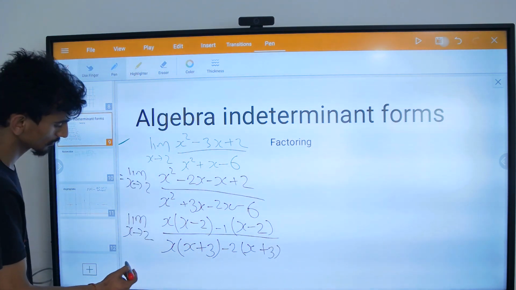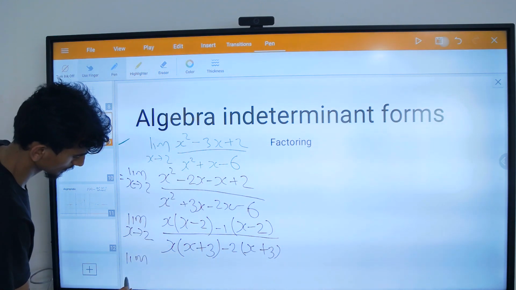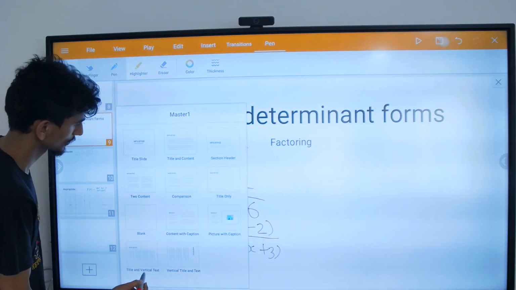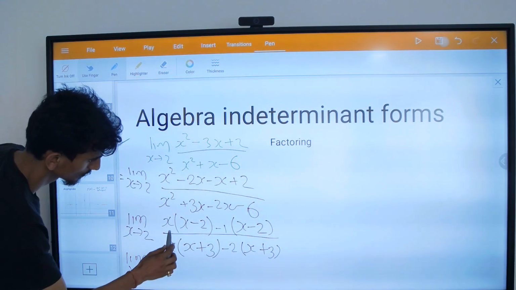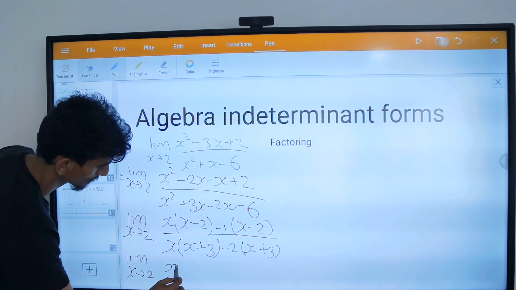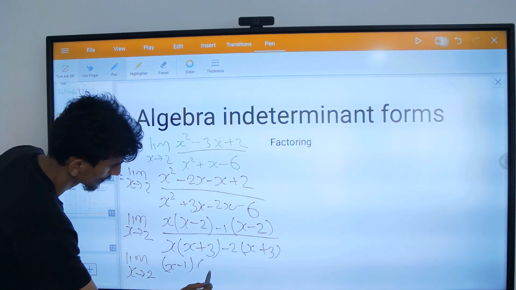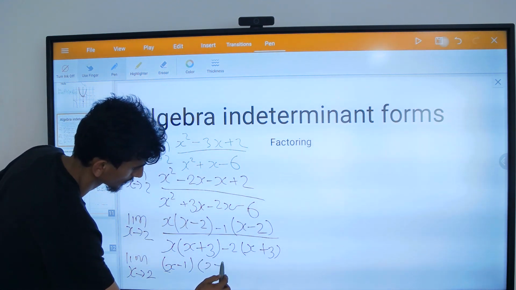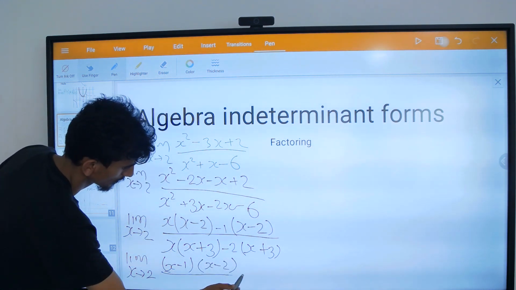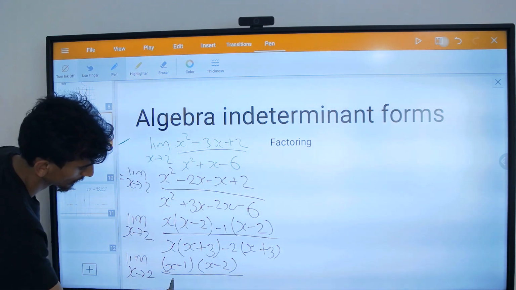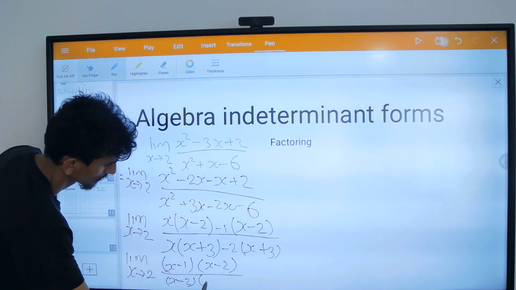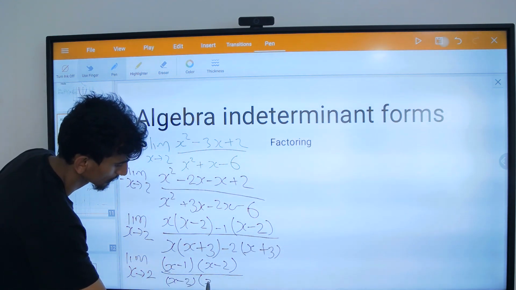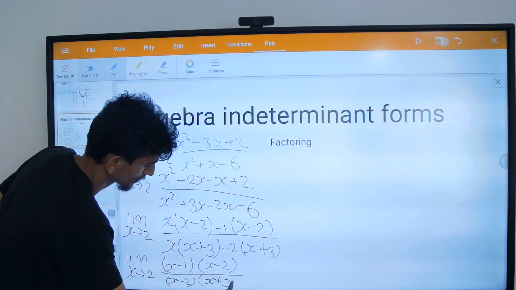This equals the limit as x tends to 2 of x minus 1 times x minus 2, divided by x minus 2 times x plus 3.